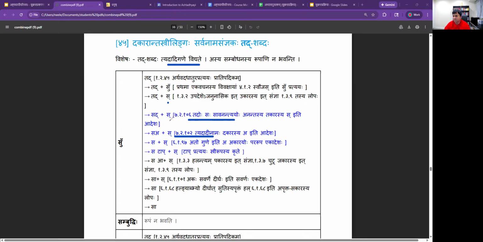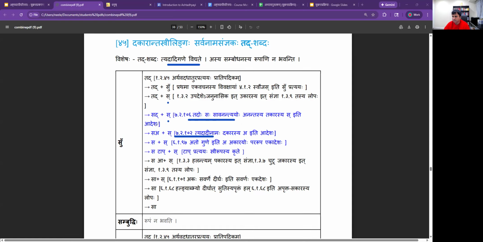Then since it is from Tadadi Gana, Tadoho Saha Savantyayoho. Savanantayoho Atra Anantasya Takarasya Sa iti Adesha Bhavati. So the ta and the ta will become sa over here.